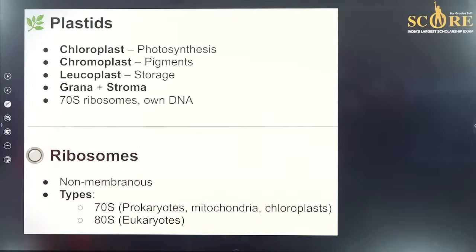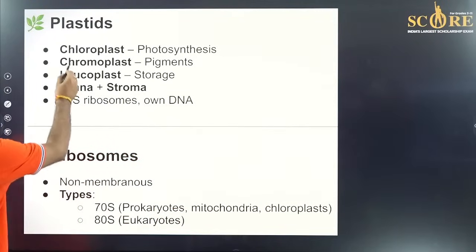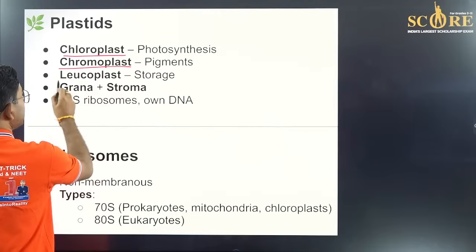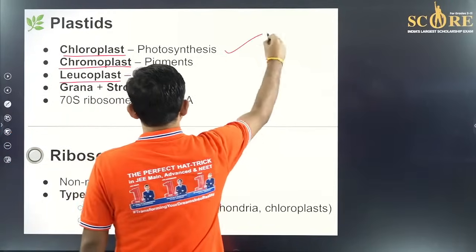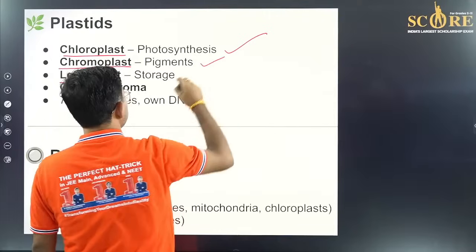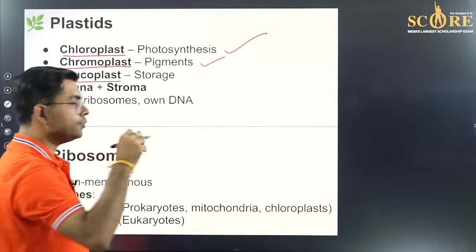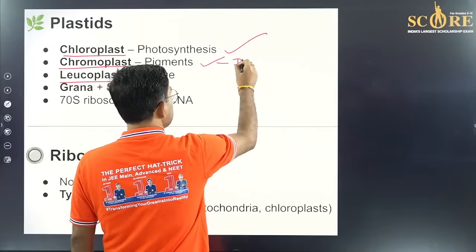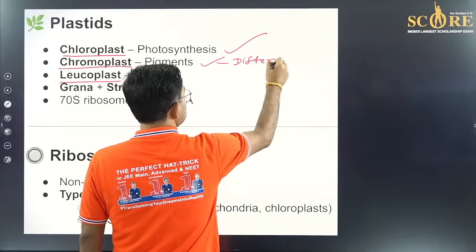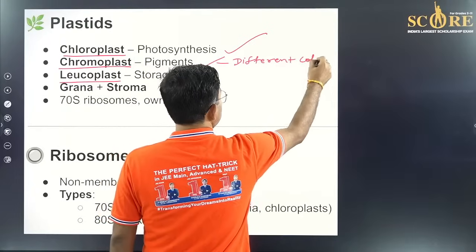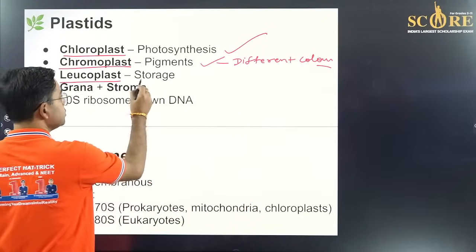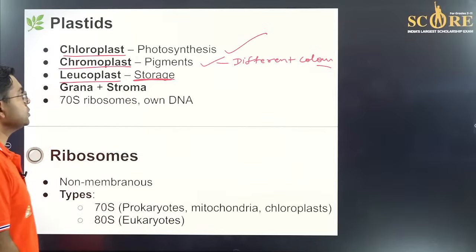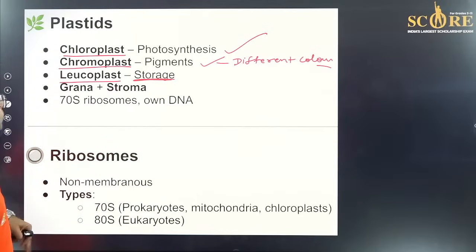Now plastid. Plastid include three types: chloroplast, chromoplast and leucoplast. Their function: chloroplast help in photosynthesis, chromoplast has pigment, so it will give different color other than green. Leucoplast, its function is storage. Now inside the chloroplast there is grana and there is stroma.